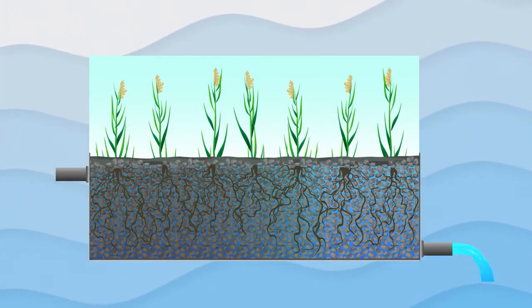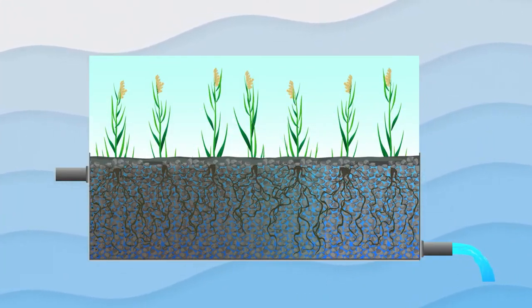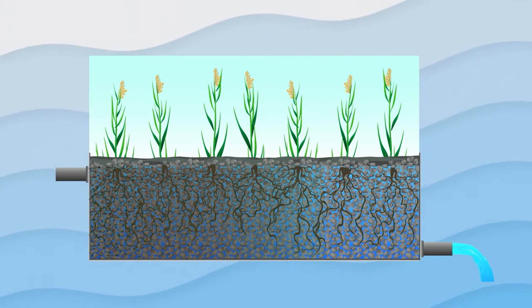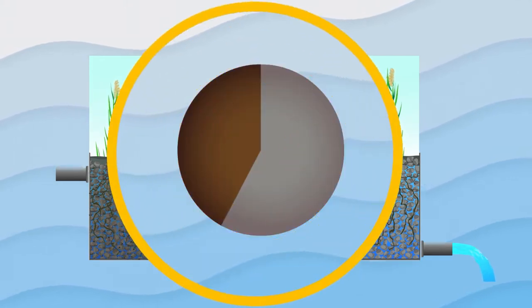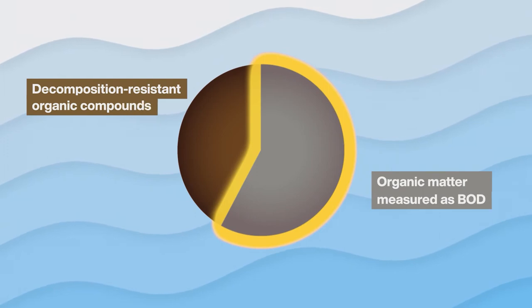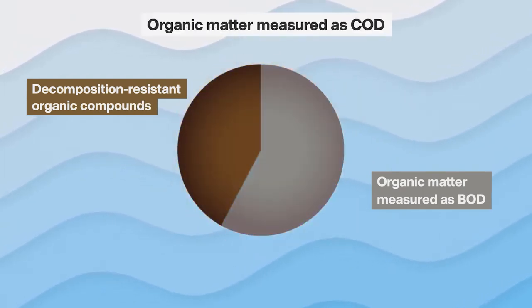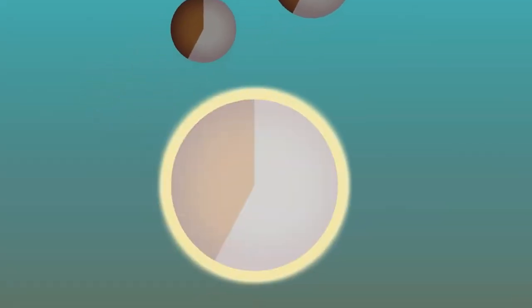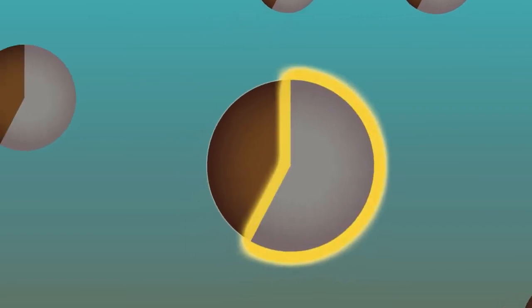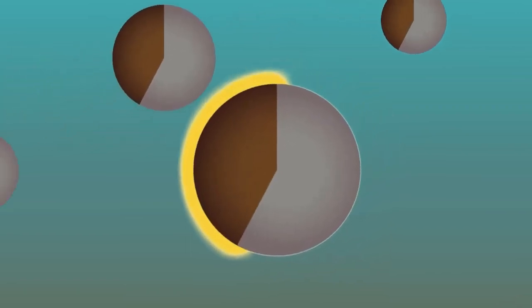As we know, organic matter content in water is characterized by two parameters: biochemical oxygen demand, BOD, and chemical oxygen demand, COD. If BOD deals with organic matter available for bacteria, COD consists partly of BOD and partly of recalcitrant organic matter.